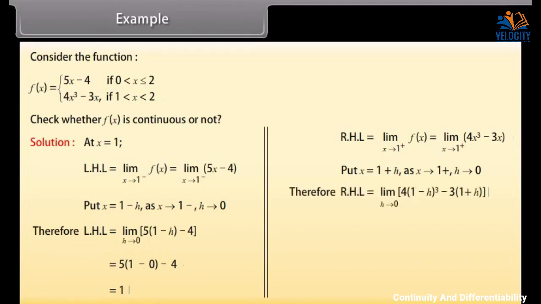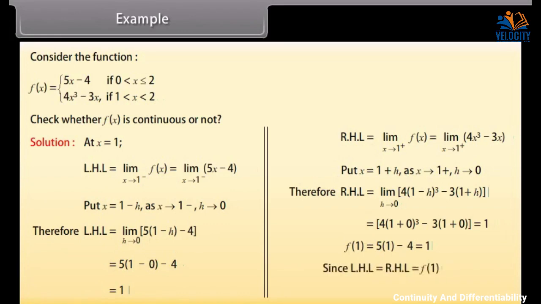Therefore, right-hand limit is equal to limit h approaches 0 of 4 into 1 plus h cube minus 3 into 1 plus h, which is equal to 4 into 1 plus 0 cube minus 3 into 1 plus 0, which is equal to 1. F of 1 is equal to 5 into 1 minus 4, which is equal to 1. Since left-hand limit is equal to right-hand limit is equal to f of 1, therefore, f of x is continuous at x equal to 1.